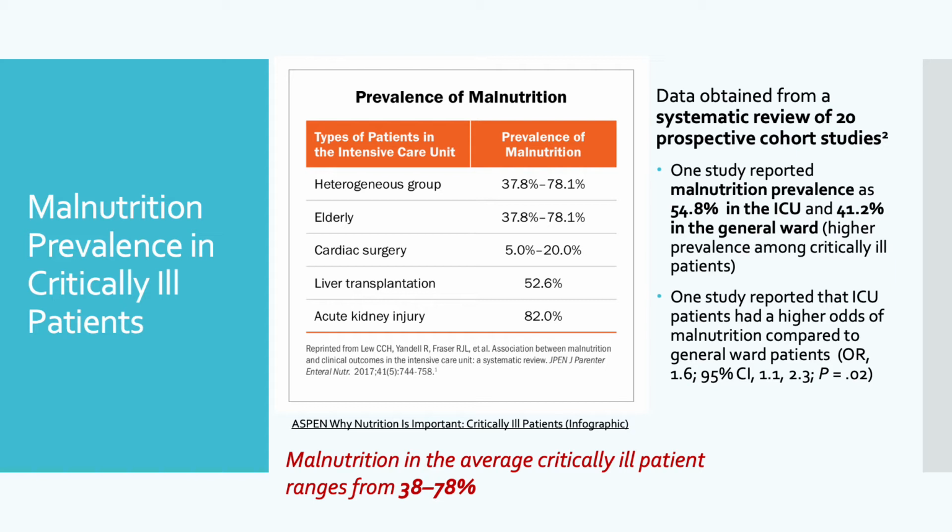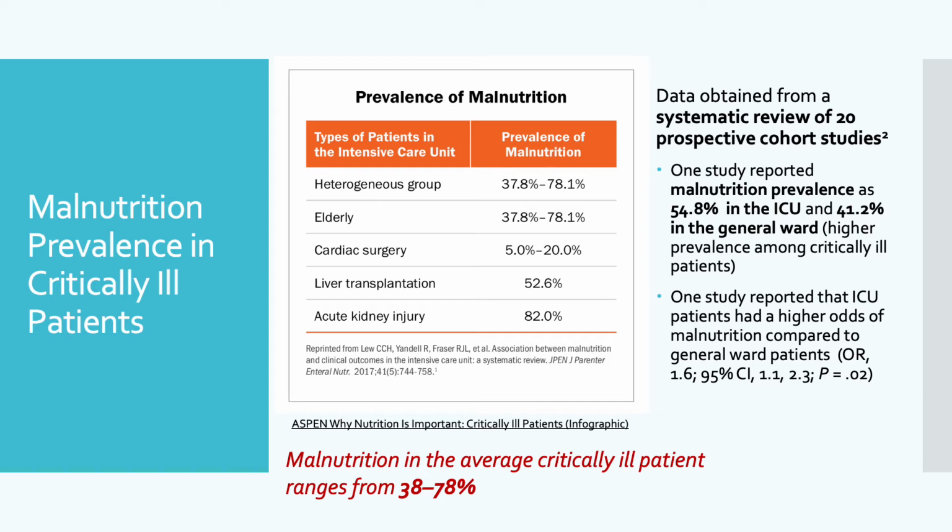The variation in these numbers can also be explained by the different diagnostic methods used throughout these studies, as well as the fact that some patients may not be malnourished when admitted to the ICU, but may develop malnutrition later on throughout their hospital stay.